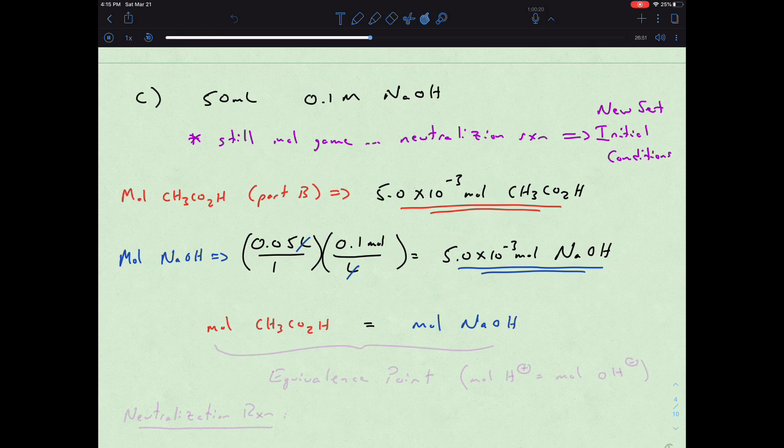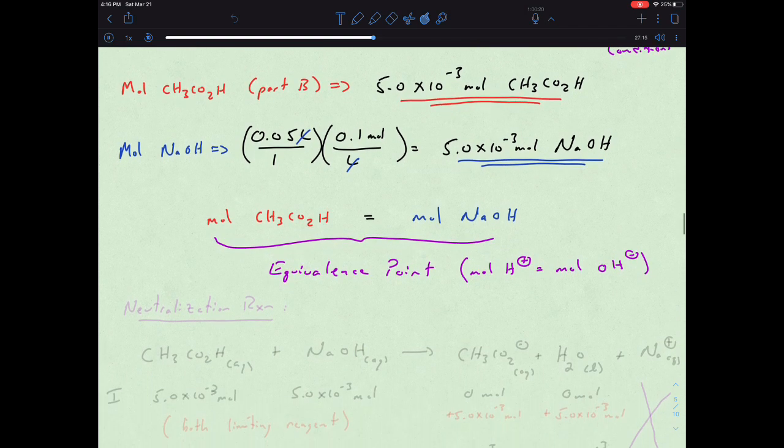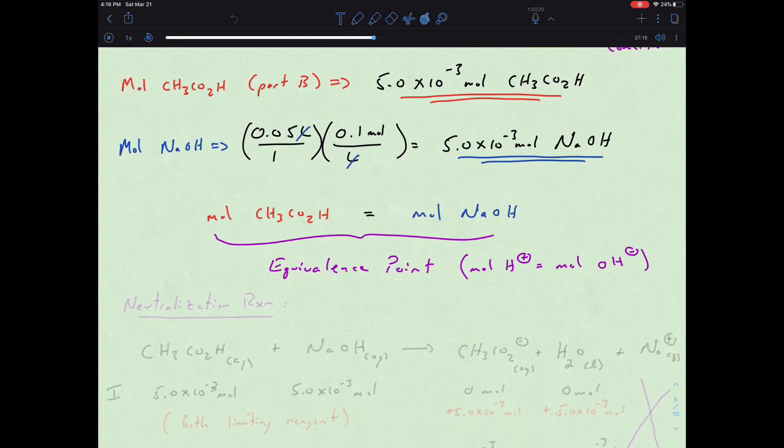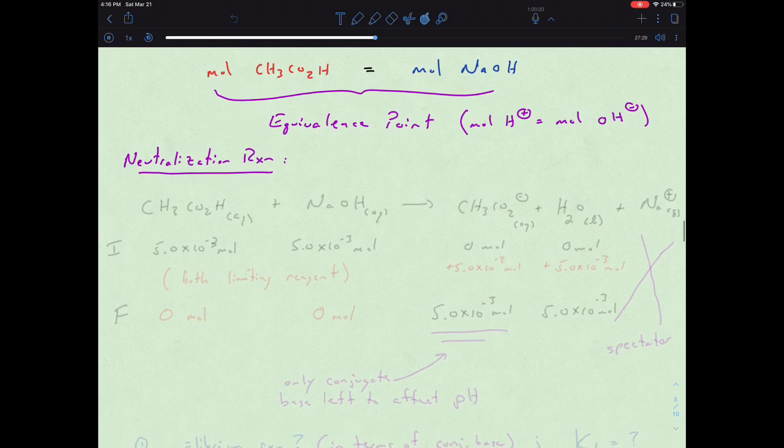And again, just to remember what that's called, right? That's called the equivalence point, where moles of H plus is equal to moles of hydroxide. So we have our mole values, and that allows us now to write the neutralization reaction. And so it's just like we had before.